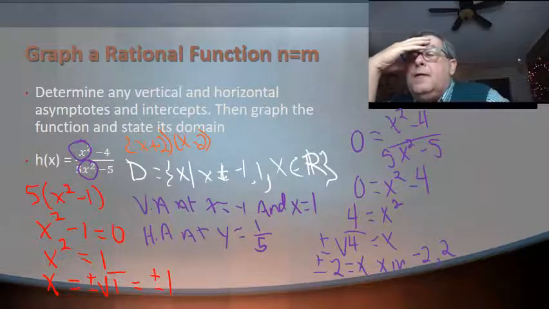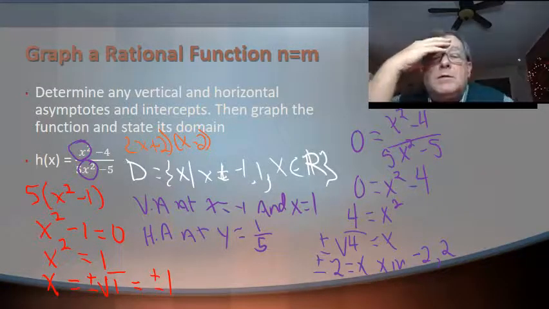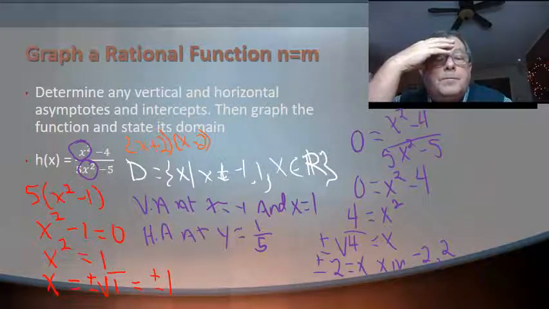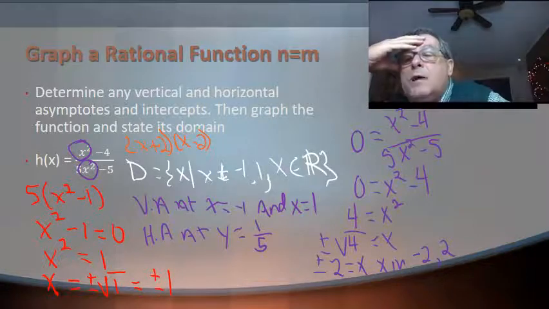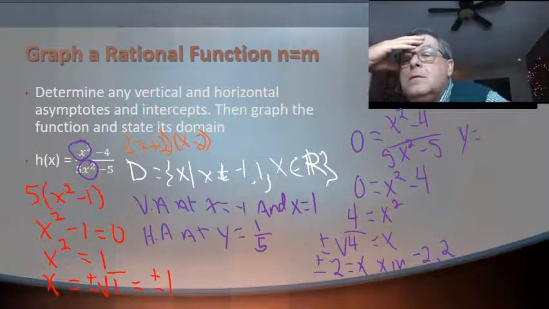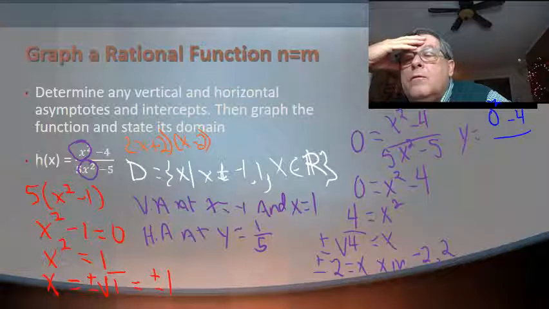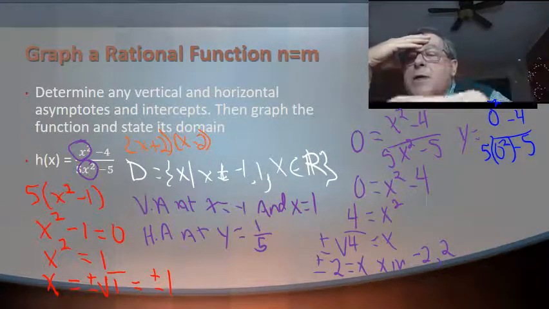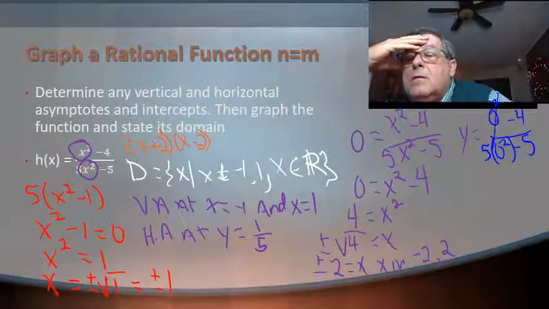All right, what about the y-intercepts? For y-intercepts, I'm going to set all the x's equal to 0. Okay, so we get y equals 0 squared minus 4 over 5 times 0 squared minus 5. Well, this is just going to cancel out.